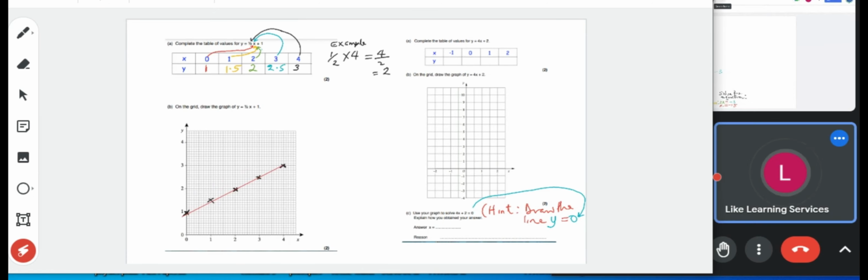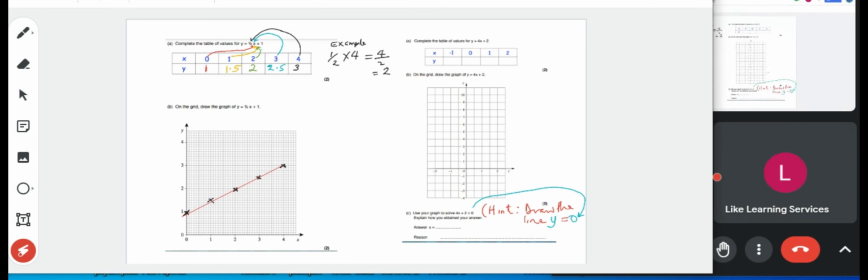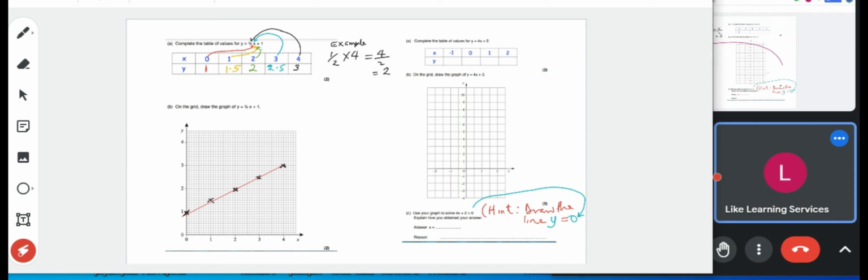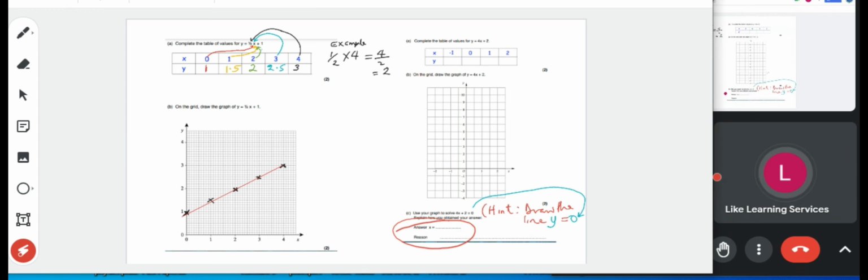First of all, you have to go back to the question. Wait, so the answer for which one? That would be the answer for which one? This question I'm asking you to practice. Okay, so I know, but like which part? Remember they said answer x equal to. That's what you will write for the x, where they cross themselves.